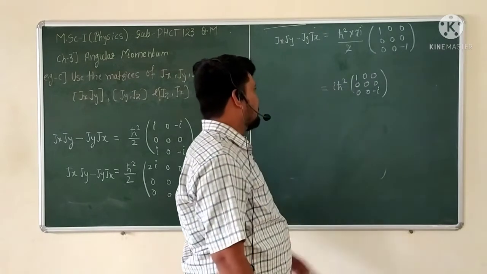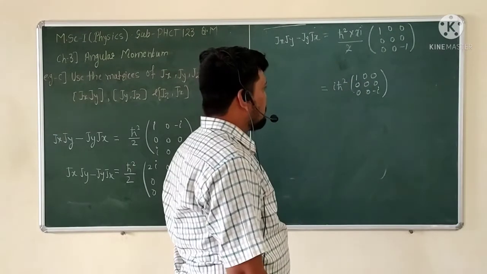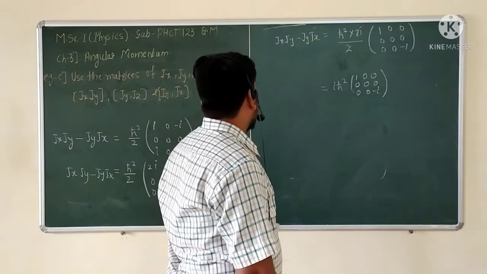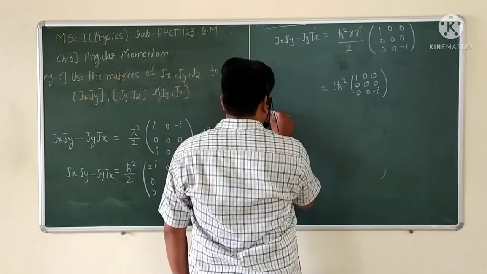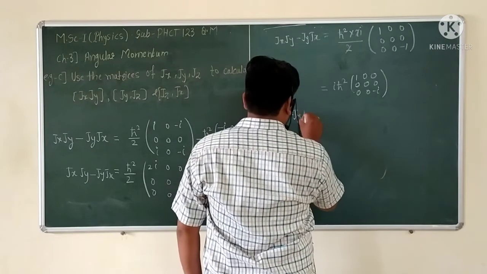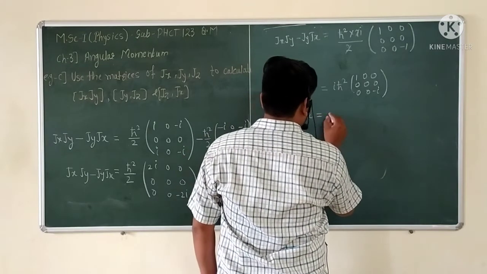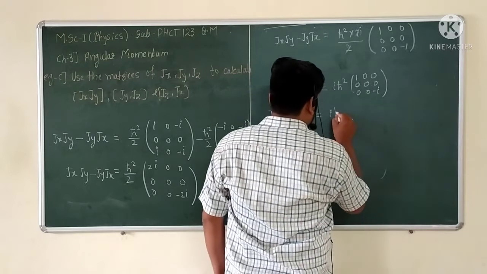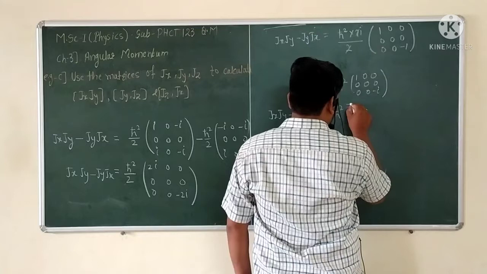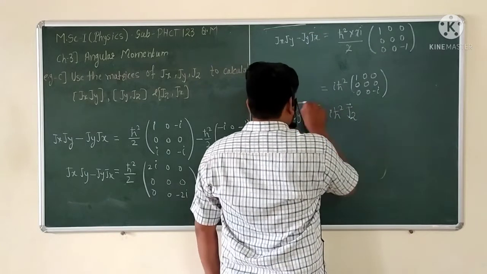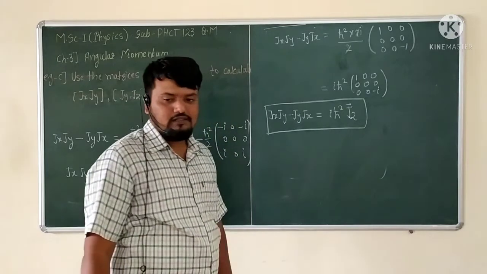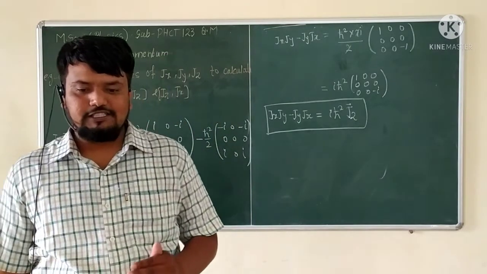And you know that this is the matrix representation of the Jz operator, so Jx Jy minus Jy Jx is nothing but i ħ² of the Jz operator. So this relation is proved, and similarly like this.